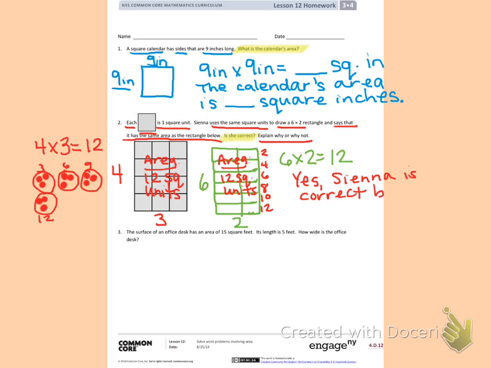So we have to put because 4 times 3 equals 12 and 6 times 2 equals 12.